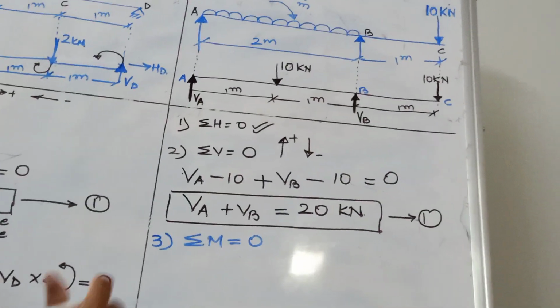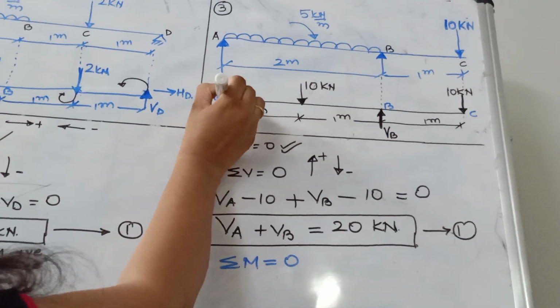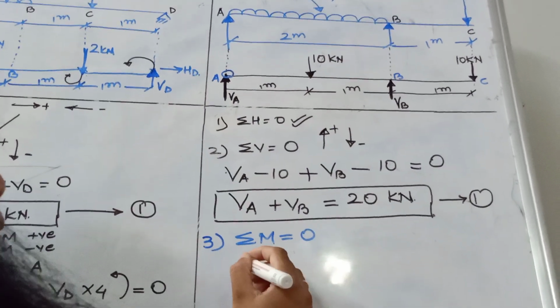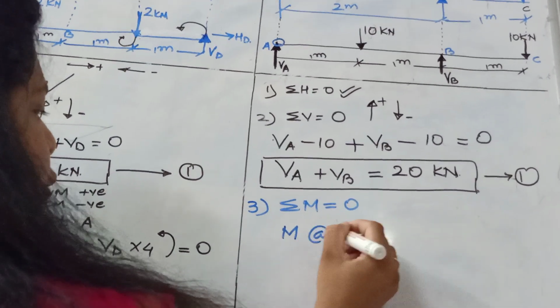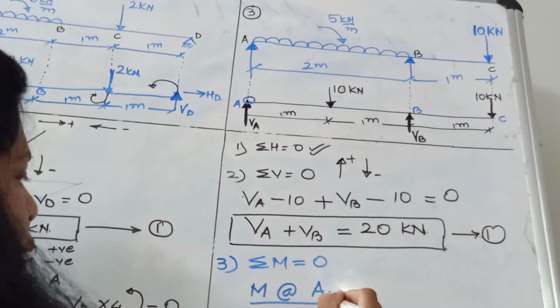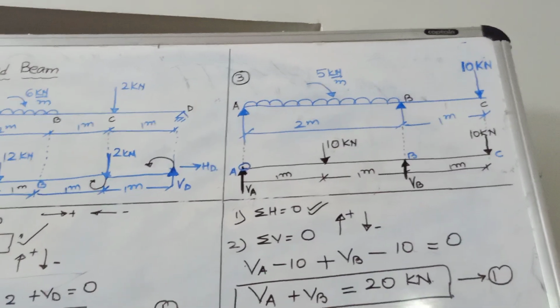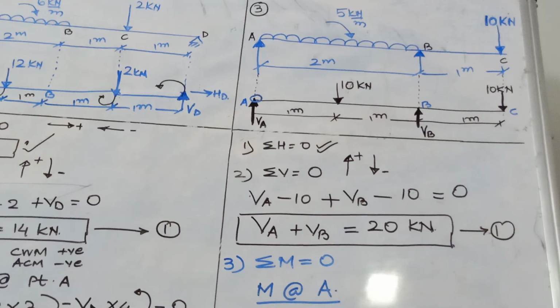Suppose I am taking moment about point A. What is the formula? Force into perpendicular distance.